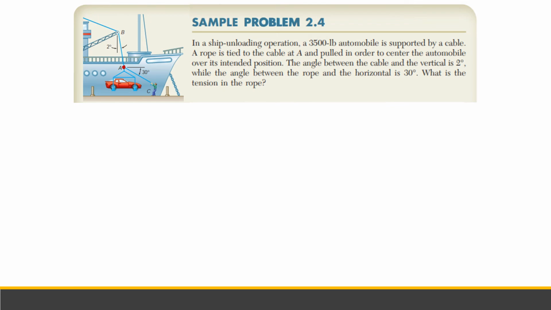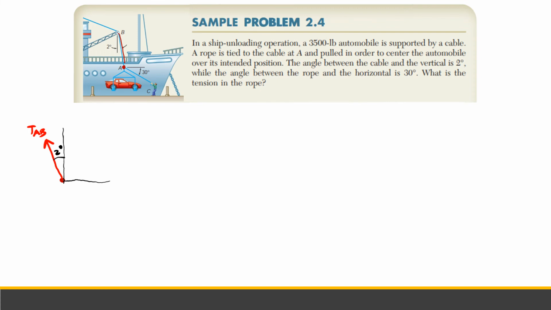So say this is A. The first force is this rope, force TAB, with this being 2 degrees with respect to the vertical.